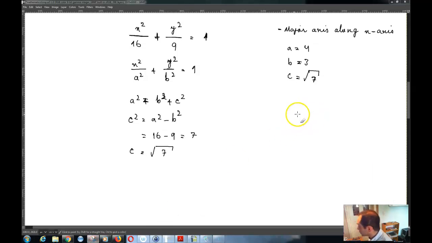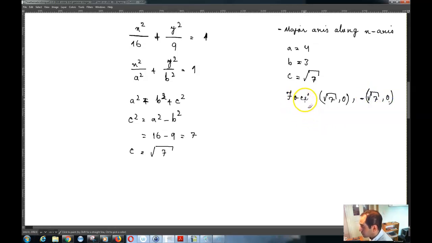So I need the two foci. Since the major axis is along the x-axis and the foci are at a distance c away from the center, the foci are at square root of 7, 0 and negative square root of 7, 0.